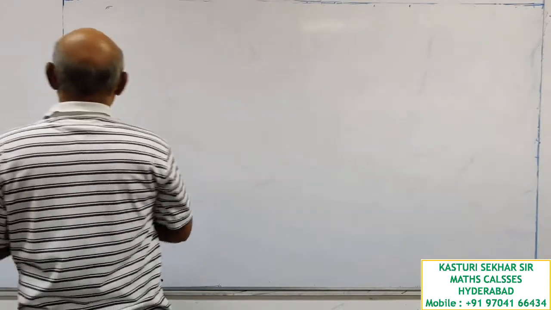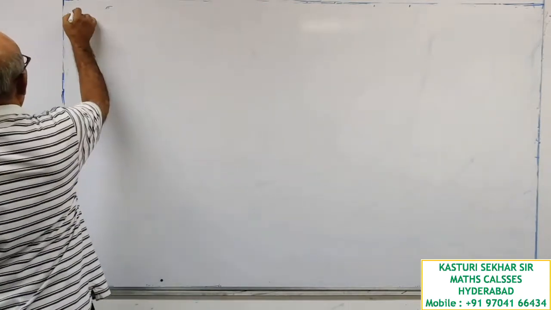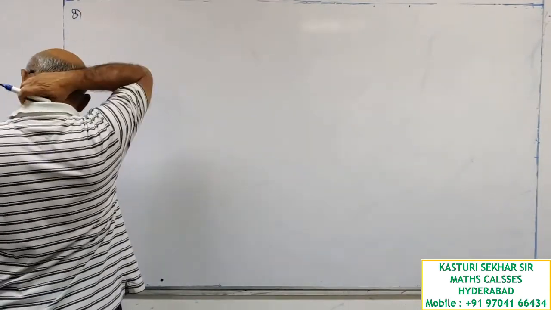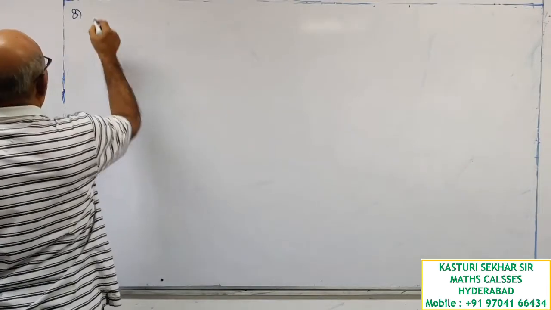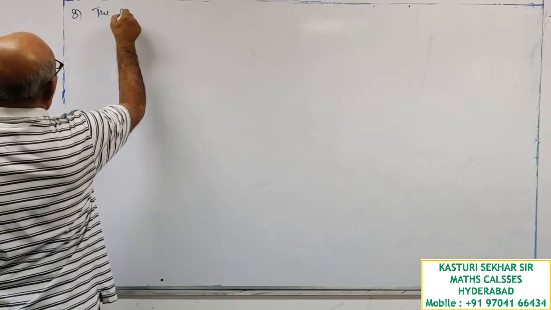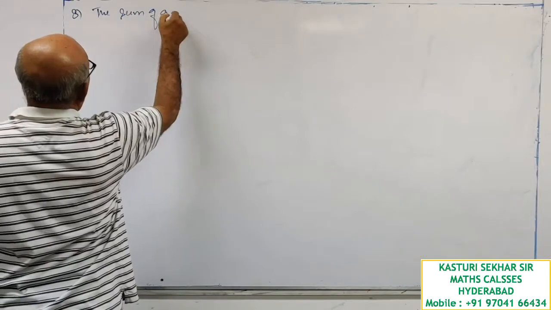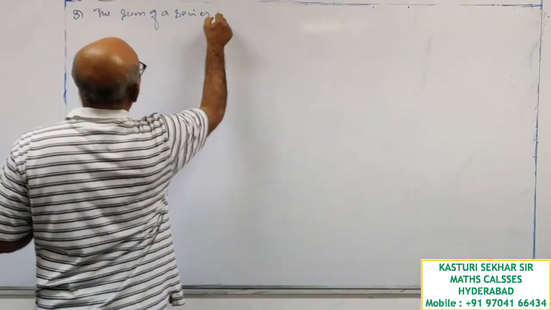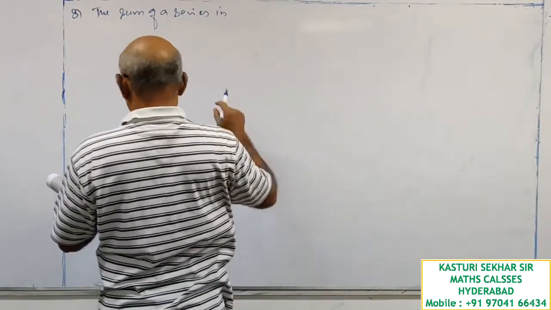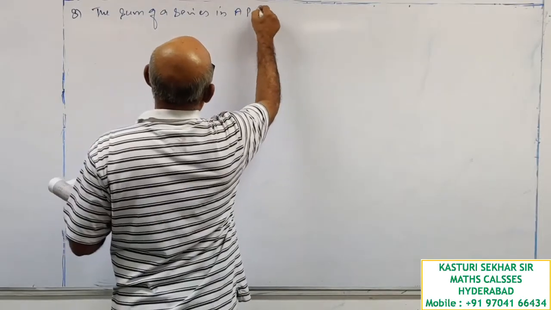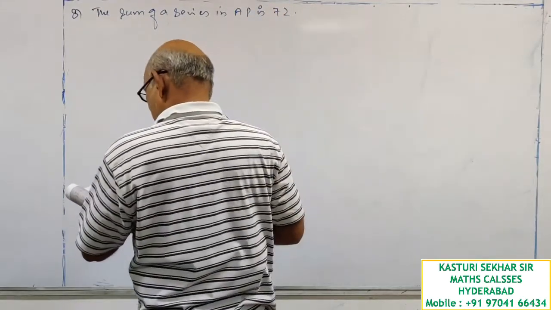Look at question number 8. The sum of a series in AP is 72.